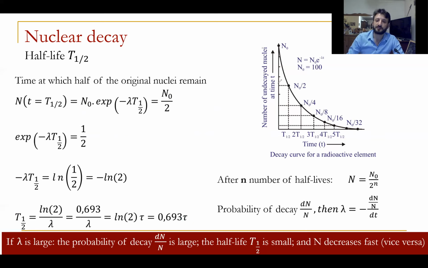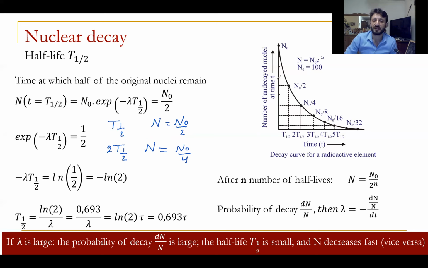Here I plot the number of unstable nuclei in terms of time. You know, at one period, one half-life, the number of unstable nuclei equals N0 divided by 2. At 2 t half, the second t half, the number of unstable nuclei equals N0 divided by 4, and so on.